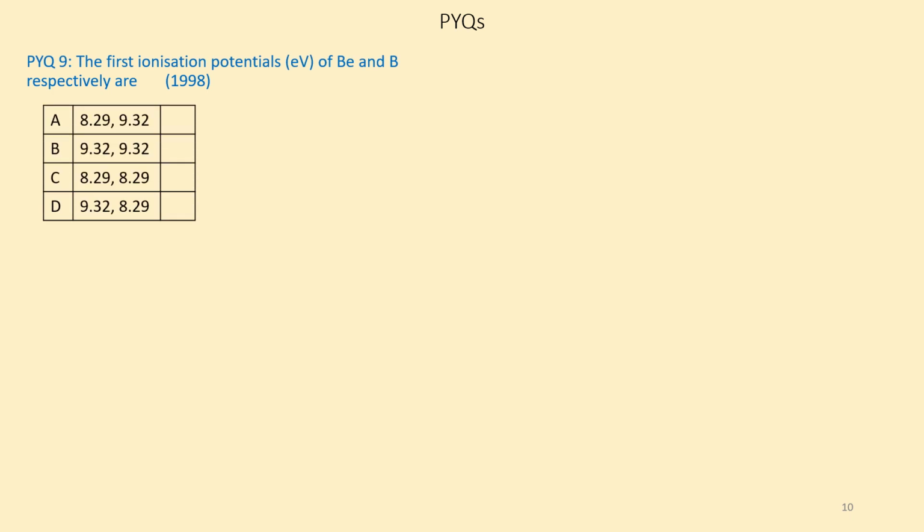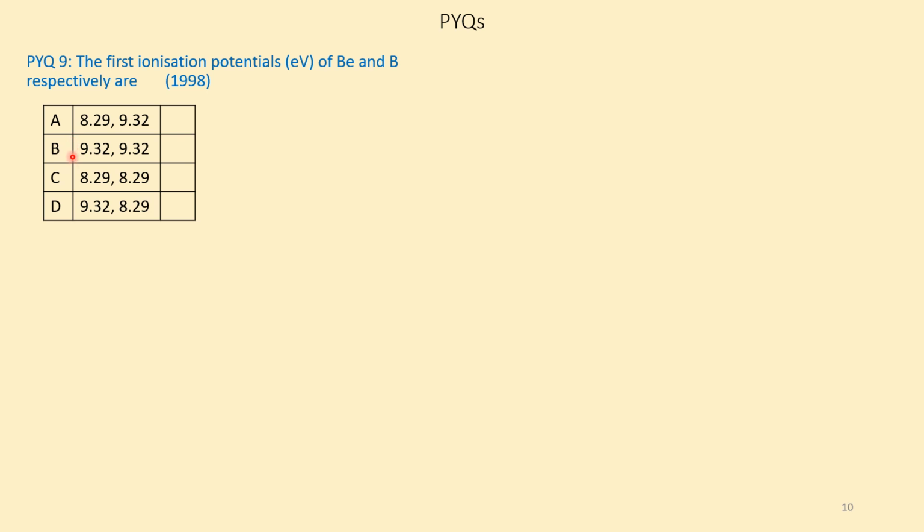Next question. The first ionization potential, that is, potential in electron volts, of beryllium and boron respectively are... we have to identify. Values are given. Option A, the first ionization potential of beryllium is 8.29 and 9.32 for boron.